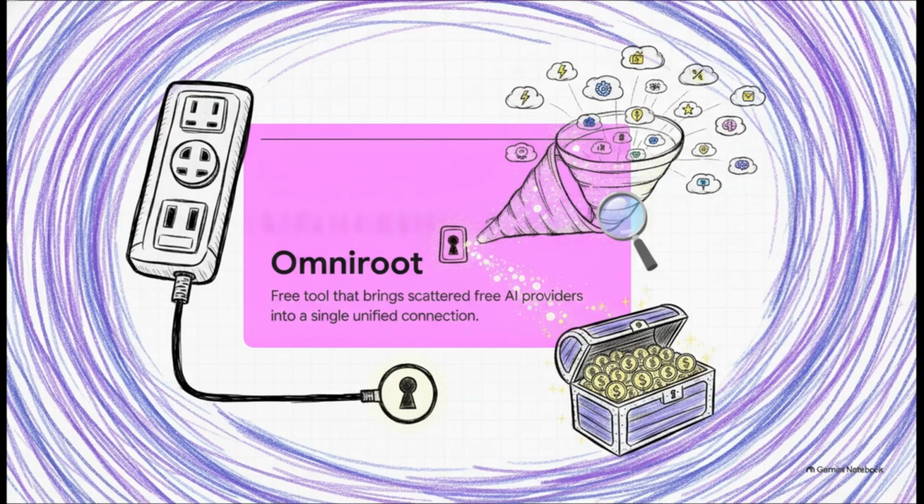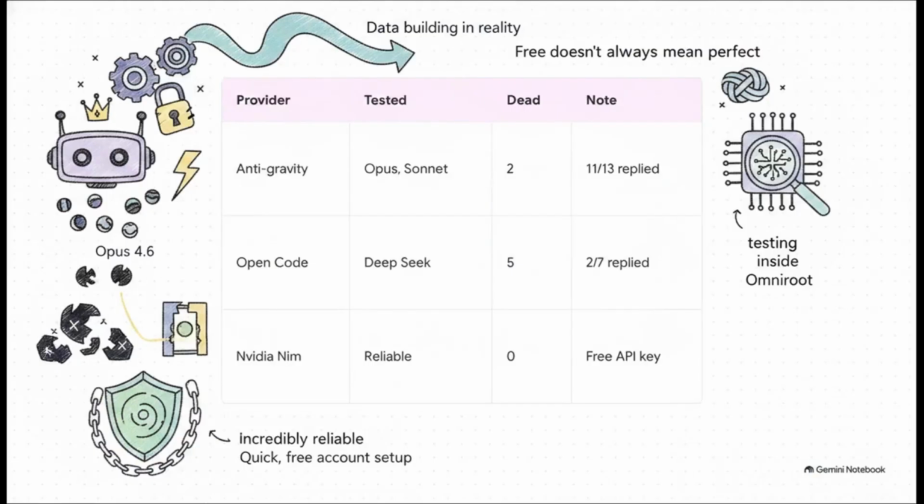Instead of juggling 40 different logins, passwords, and API keys for every single free model, you just connect to Omniroot once. That one single key unifies all those scattered free providers, and get this, it gives you access to a staggering 1.4 billion free tokens every single month. Just to put that massive number into perspective, that's enough tokens to write hundreds of full-length novels without paying a dime.